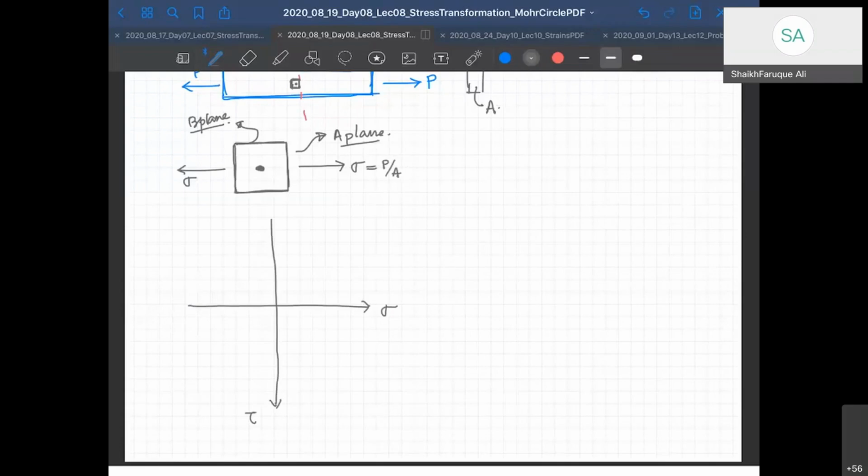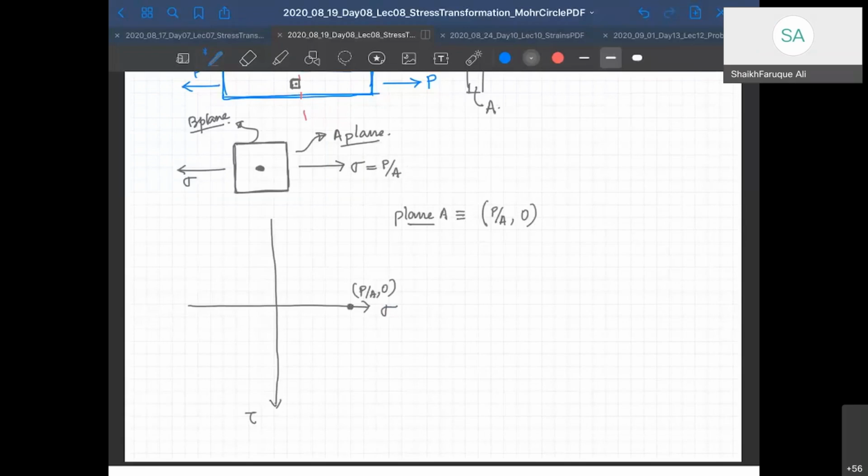So this plane, plane A, coordinates will be given by P by A, comma 0. So that will be where? That will be on this axis itself. So P by A, comma 0 is this point.